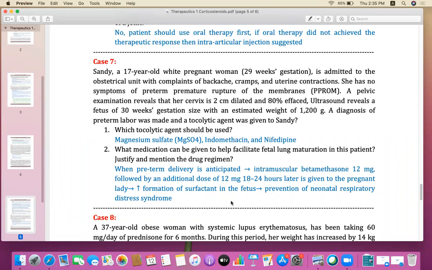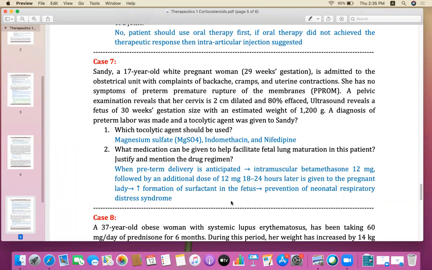Our objective is the second question. What medications can be given to facilitate fetal lung maturation in this patient? Justify and mention the drug regimen. As we discussed in the lecture, if the baby is delivered preterm before the 9 month, there are chances of respiratory distress syndrome.